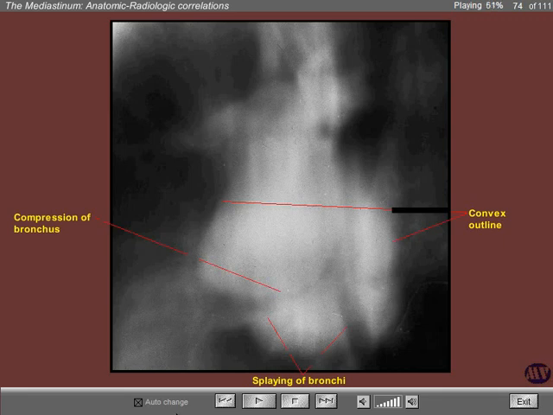Finally, another criterion is that some of the density that we see projects beyond the posterior wall of the trachea, and only enlarged nodes will produce such a density when looking at the anatomical right hilus. So this is an example of hilar adenopathy.